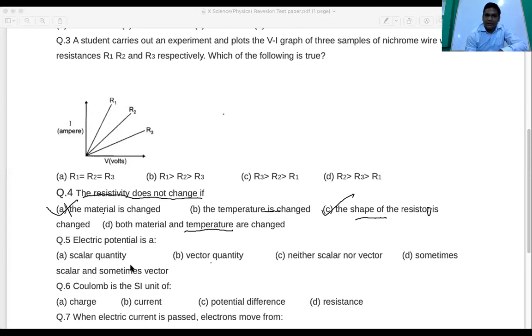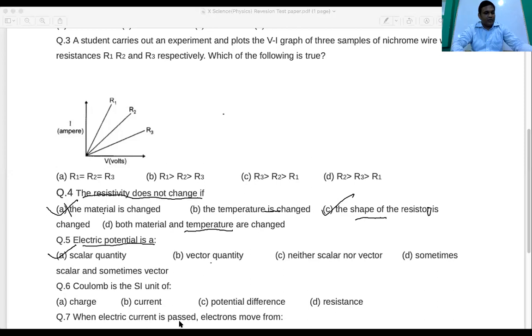Okay. Now coming to electric potential, they have asked: electric potential is a scalar quantity. You should remember this. Vector quantities are those which have a direction and follow the law of addition of vectors. So electric potential is a scalar quantity.